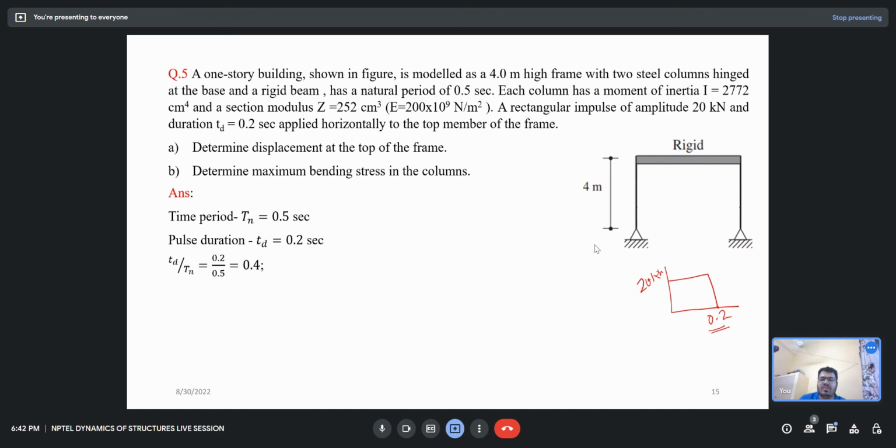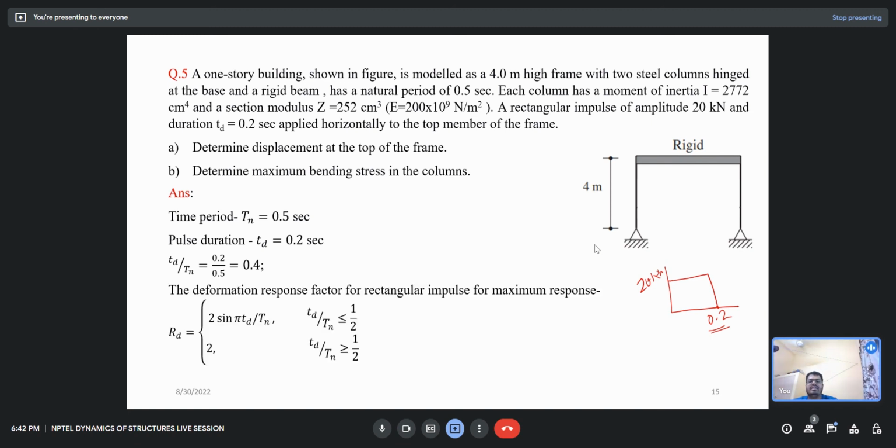For the rectangular pulse, when will my RD be maximum? There are two cases. If TD by TN is less than 0.5, or if TD by TN is greater than 0.5. If TD by TN is less than 1 by 2, the response RD is given by 2 sine pi TD divided by TN.